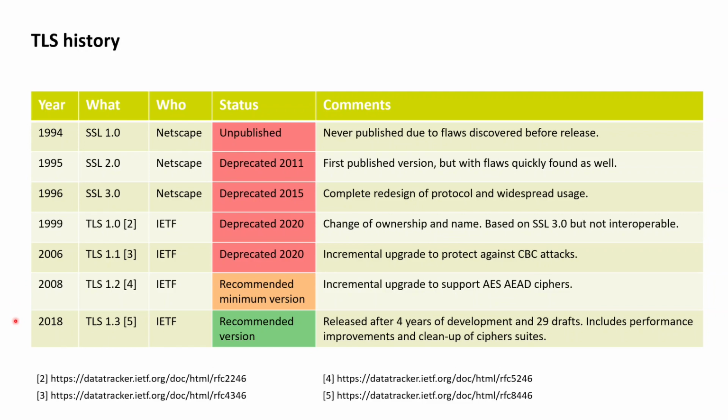TLS version 1.3 is a major redesign of the protocol and not directly backwards compatible with previous TLS versions. A first major difference to TLS 1.2 is a complete pruning of cipher suites, with only cipher suites remaining in TLS 1.3 that make use of authenticated encryption with associated data ciphers.